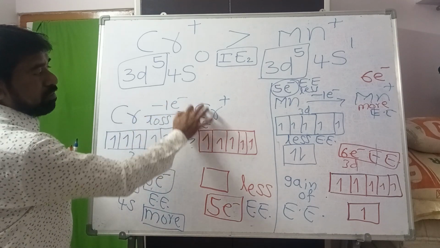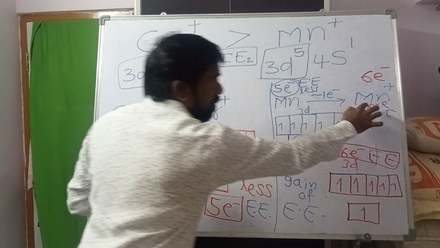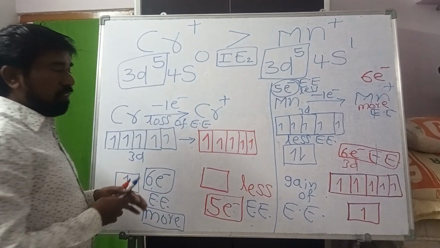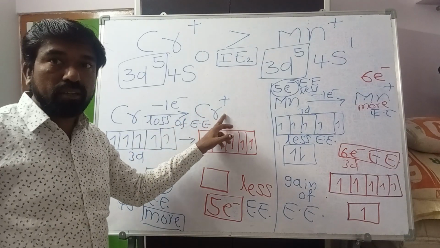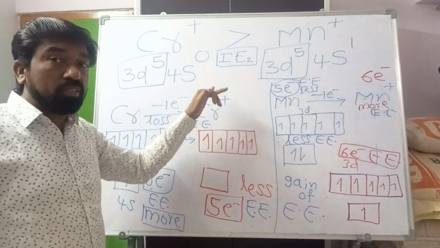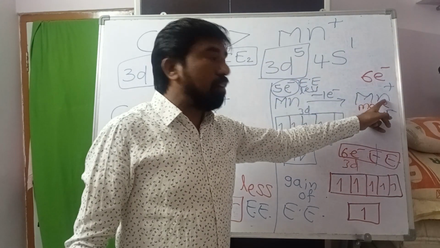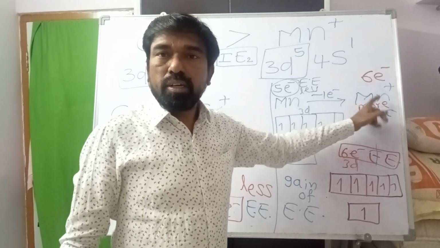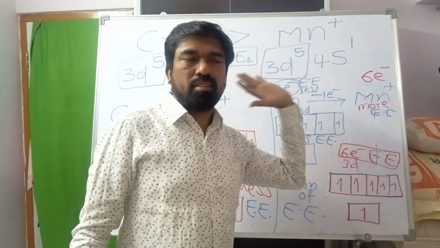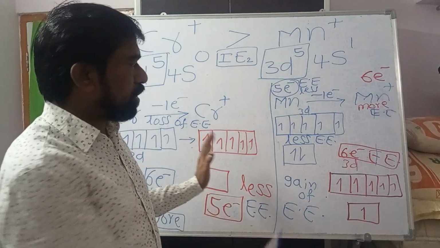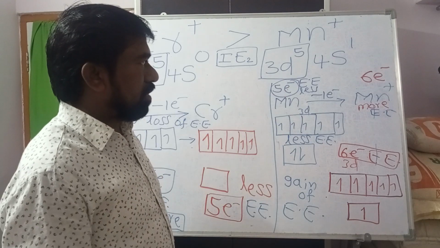What is the product in this? Chromium plus, and here the product is Mn plus. In formation of Cr plus, it loses exchange energy. In formation of Mn plus, it gains exchange energy. This is the main important difference.